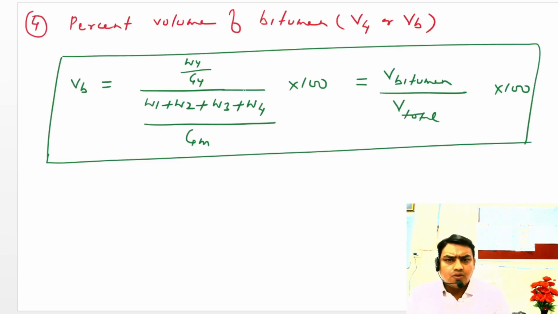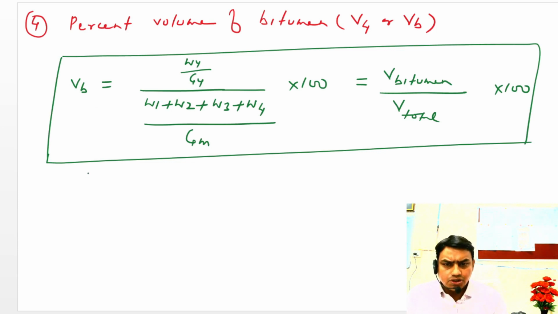Another term that is called percent volume of bitumen, that is V4 or VB, can be written in percentage as W4 by G4 divided by W1 plus W2 plus W3 plus W4 divided by Gm into 100, or volume of bitumen by total volume into 100.